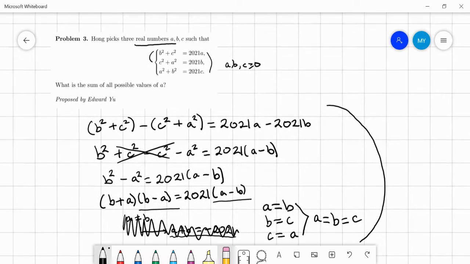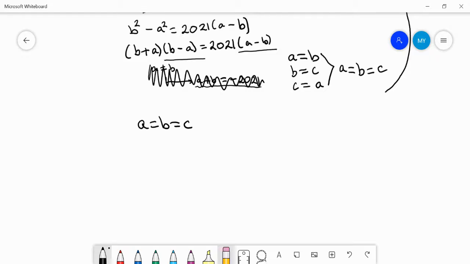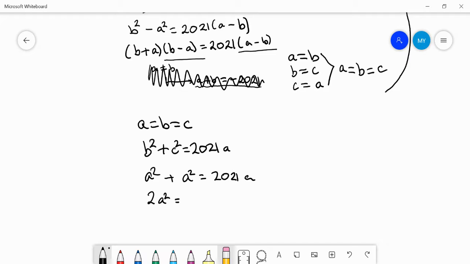But let's look at what the first equation said. We have b squared plus c squared equals 2021 times a. So that means since b equals c equals a, we have a squared plus a squared equals 2021 times a. So 2a squared equals 2021 times a.